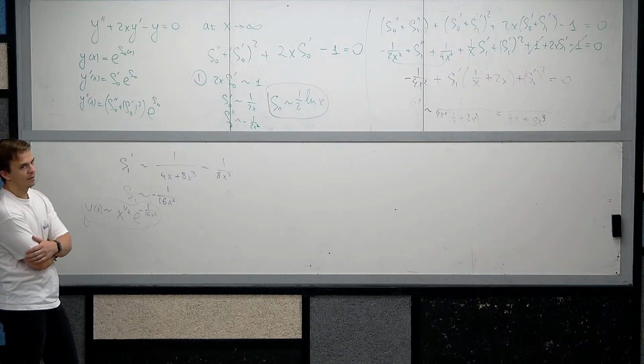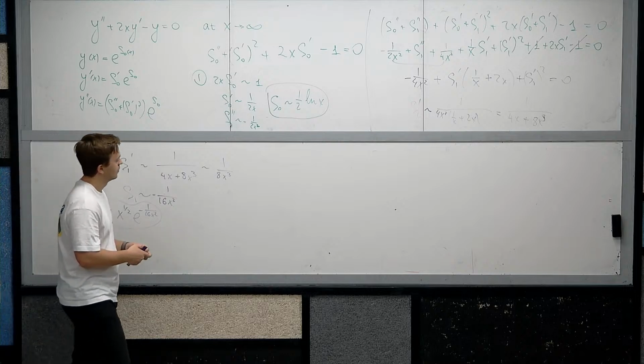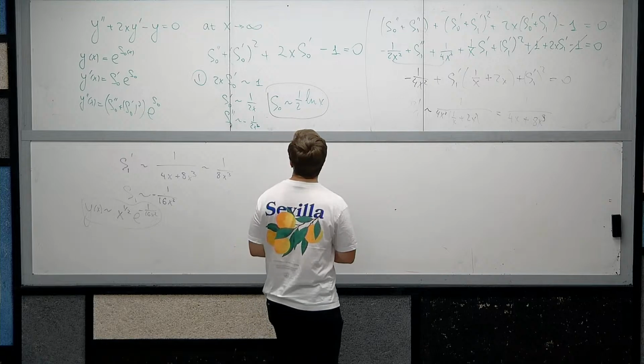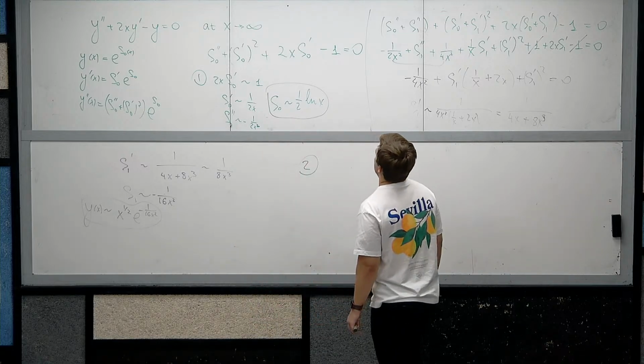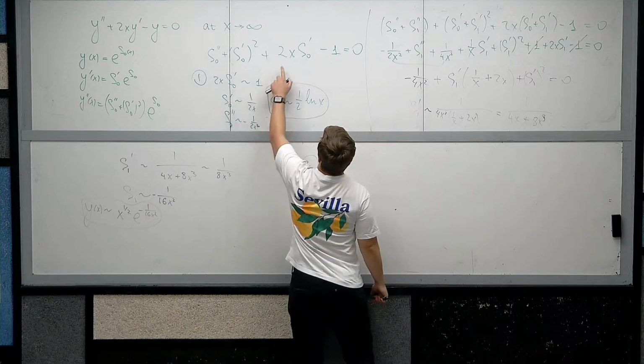Maybe you check just one or two pairs. You need to check more pairs. Yeah, let's try to check another pair. Maybe there is another good choice for dominant balance. So we check this option.